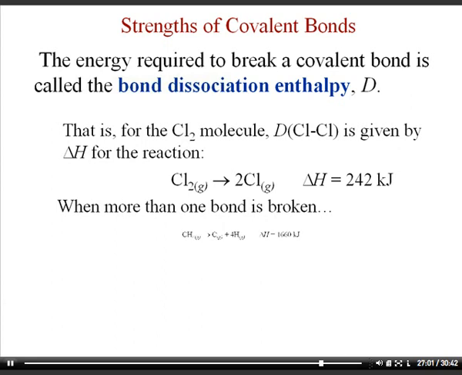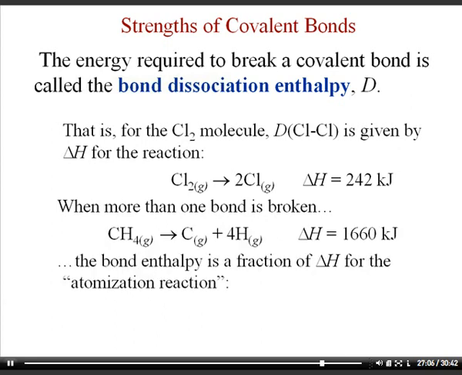When more than one bond is broken, you actually can get a fraction of the delta H. If you look at the example, you have methane, which has 4 carbon-hydrogen bonds, and the total amount of energy to break all 4 bonds is 1,660 kilojoules.